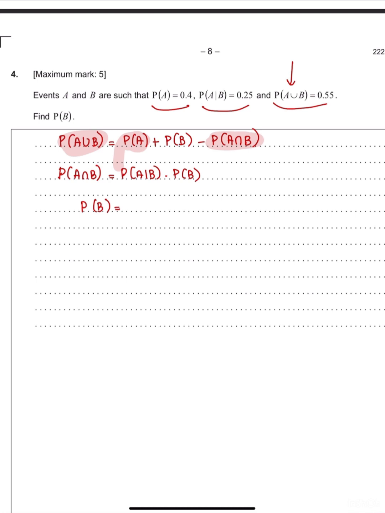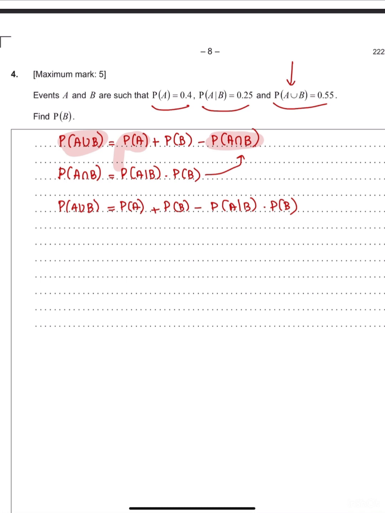So we just plug in. P of A or B equals P of A plus P of B minus P of A given B times P of B. Plug in the numbers that we were given.